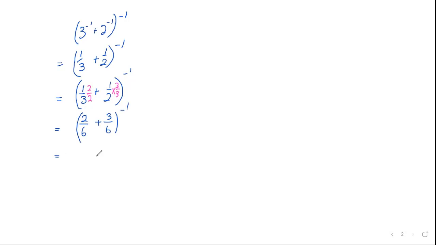That becomes a common denominator. 2 plus 3 becomes 5 over 6 to the power of negative 1. You will agree that this is 6 over 5. If you compare the previous question to this one, you'll see why.